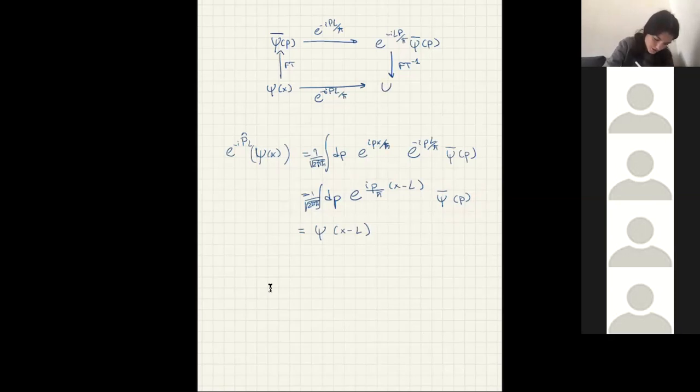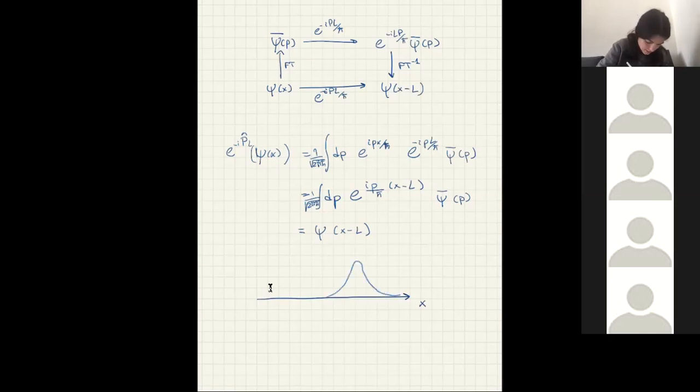So let's put it here, f of x minus L. What this operator did in the position wave function was to just shift the whole thing. So let's see if we get the signs right. Suppose this is x, and this is kind of the initial wave function.